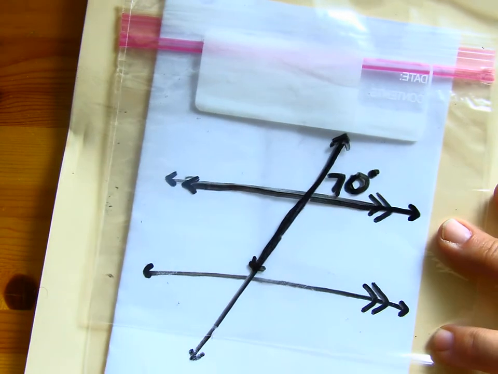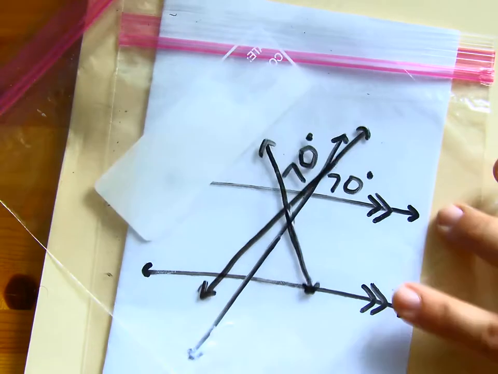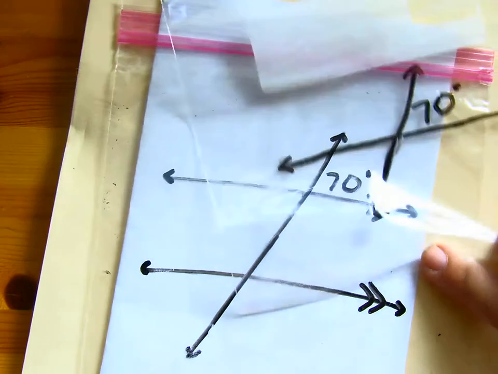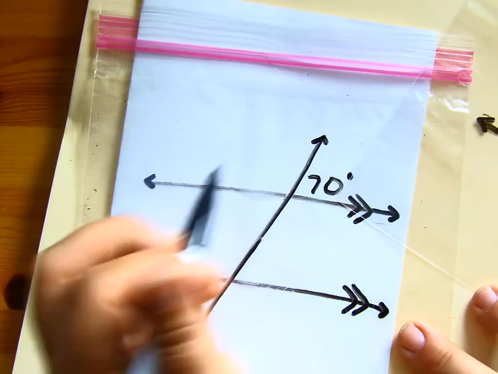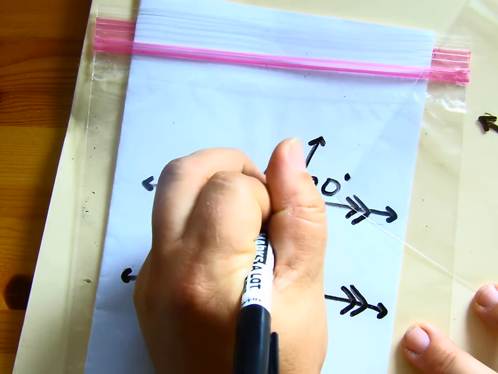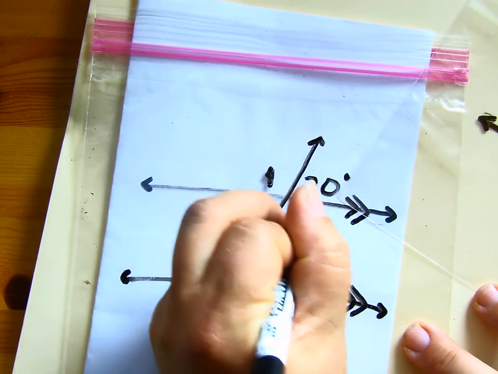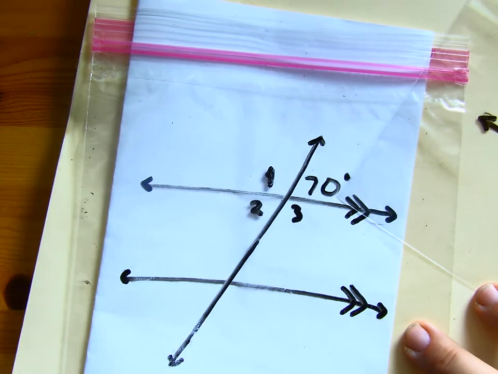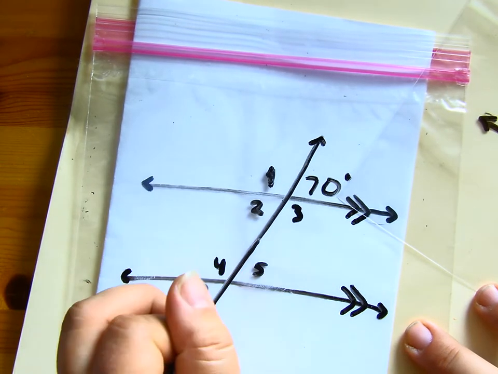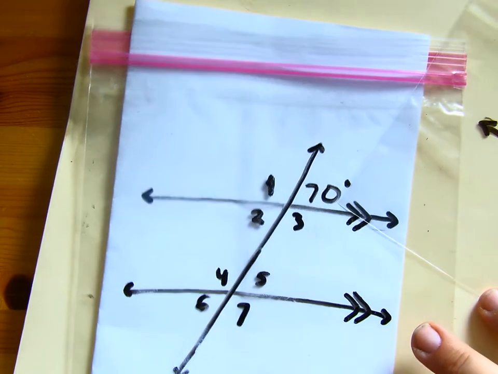Now what I want you to do is go through all 8 of these angles. Technically one's already done. So we have 1, 2, 3, 4, 5, 6, and 7.